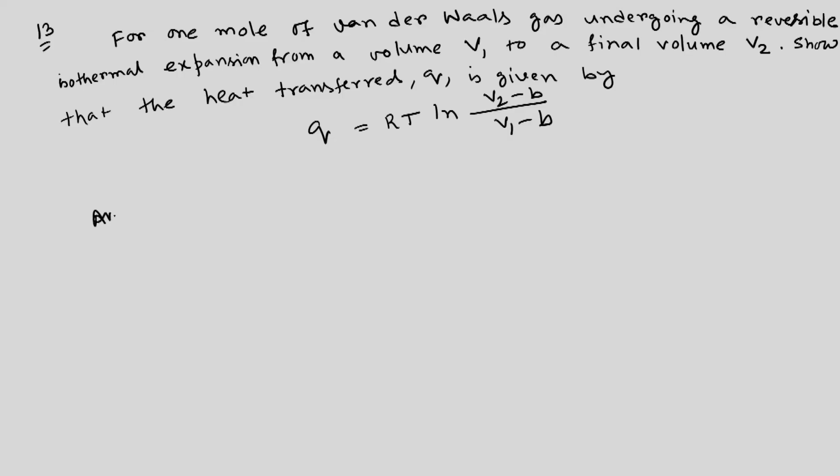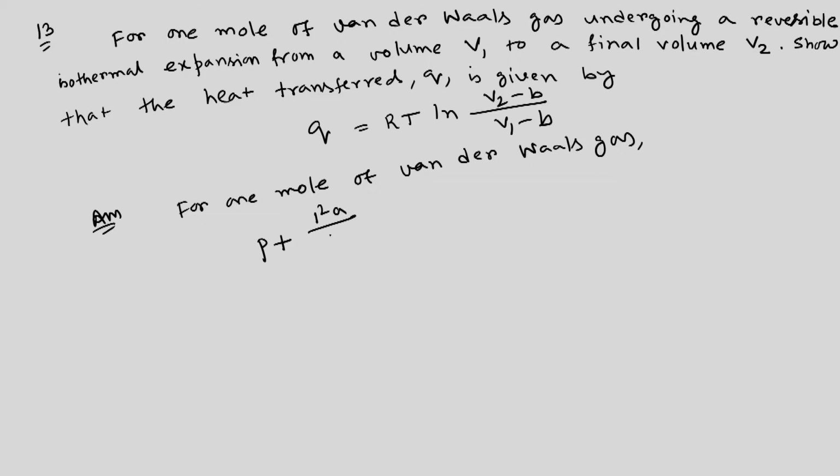The gas is a van der Waals gas, and so for 1 mole of van der Waals gas we can write P plus n square A by V square times V minus n B equals n RT, where n is 1.